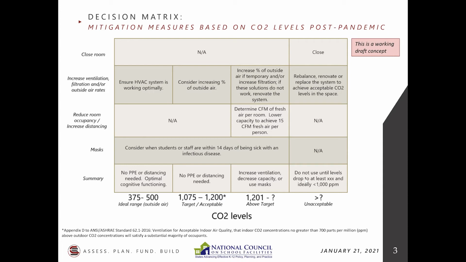It's a layered risk approach to dealing with COVID. If you have one infected person in the classroom, they might be a low emitter or a high emitter, depending upon the person itself and what they're doing in the classroom. But it will tell you, okay, what if I mandate masks? What if I don't mandate masks? What if I mandate masks and I increase ventilation to a certain point? What if I add an air cleaner?